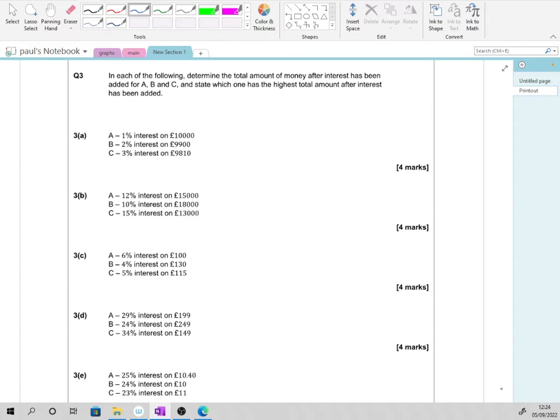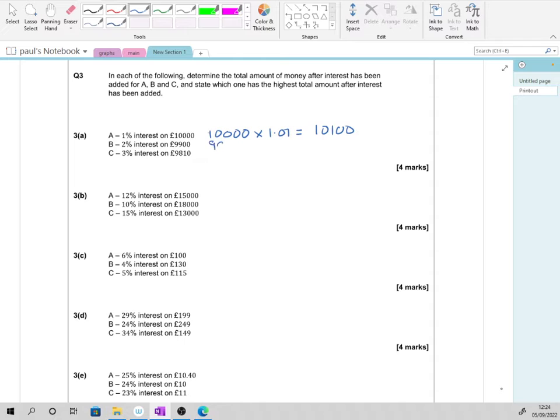In each of the following, determine the total amount of money after interest has been added for A, B, C, D. Which one is the highest total? So here we go. 10,000 times 1.01, do it that way, equals 10100.